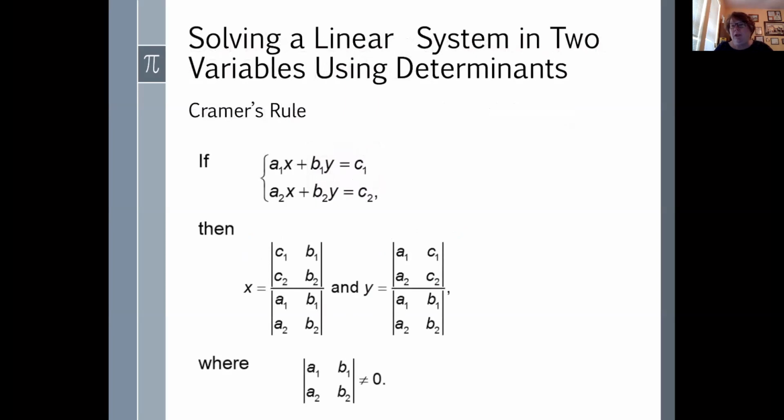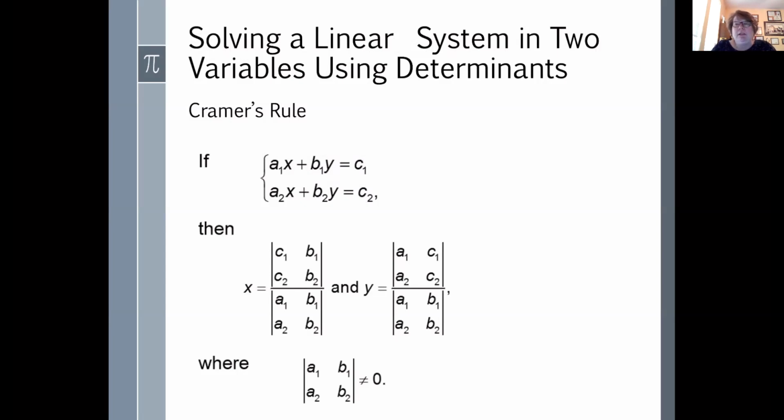All right, how do we use determinants? We use determinants and Cramer's rule to solve systems of equations. So let's say I have a system of equations, 2 equations and 2 variables, x and y. The first equation is a sub 1 x plus b sub 1 y equals c sub 1.